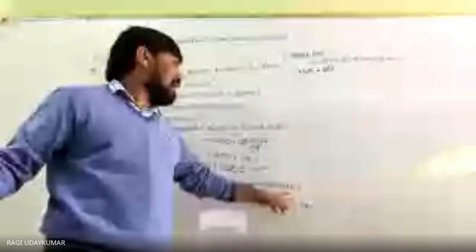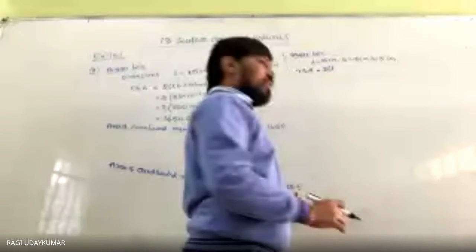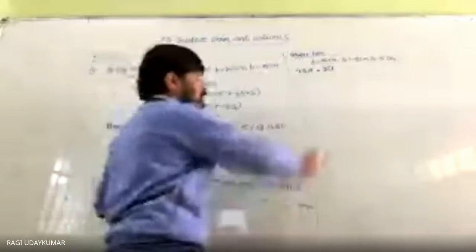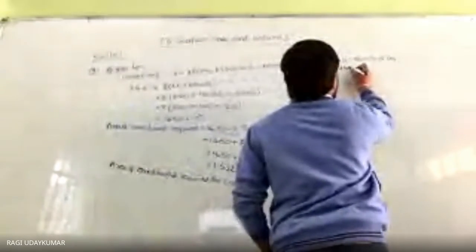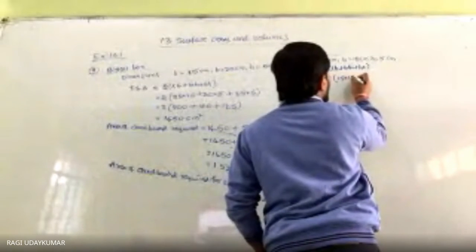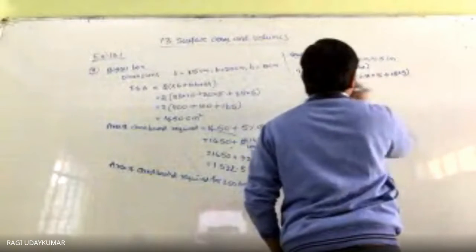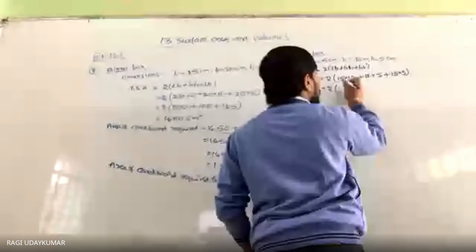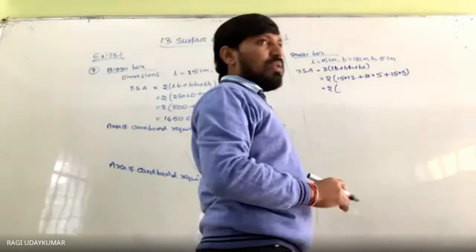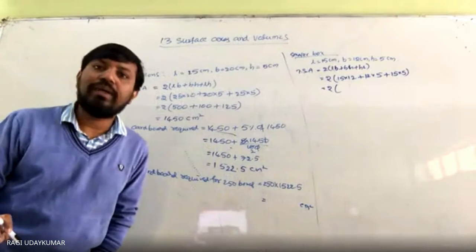We will multiply by 250, and when you multiply by 250 the decimal will also go away, isn't it, because there is one decimal point after the decimal. So now 2 into (LB plus BH plus HL), which is 2 into (15 into 12 plus 12 into 5 plus 15 into 5). The multiplication part only I am giving to you, you can do it.